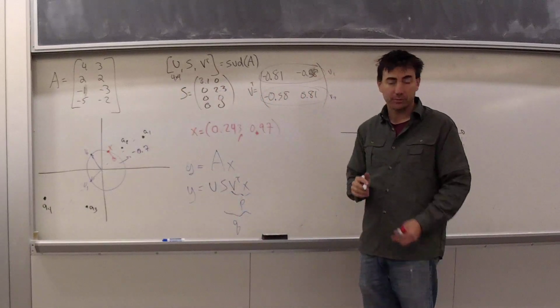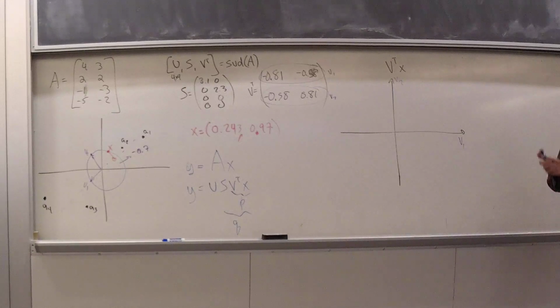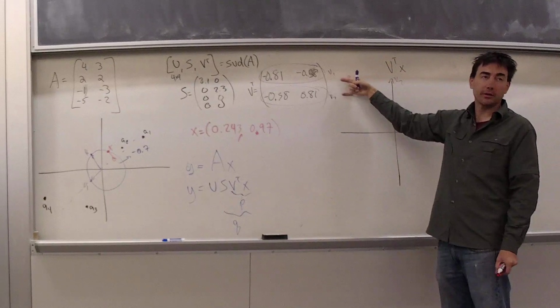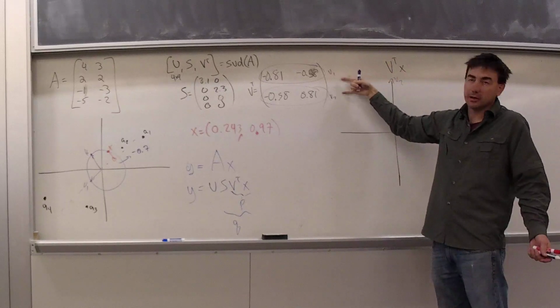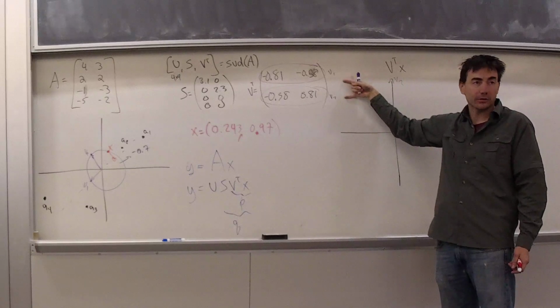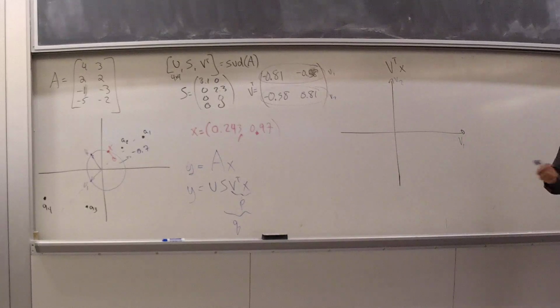Roughly negative 0.7. In the V transpose, those are always orthogonal. So these have to be orthogonal. These are the right singular vectors and the left ones, right? The right singular vectors are orthogonal to each other, because it's going to be an orthogonal basis.